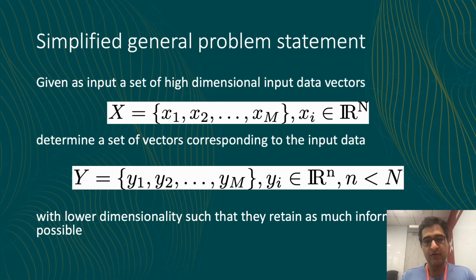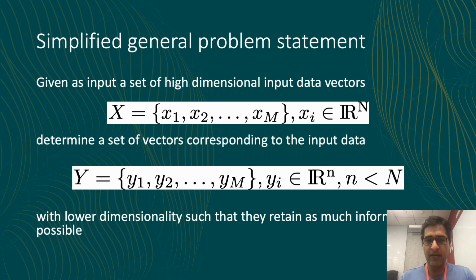If you think about it, the structure of the problem is the following: you have been given as input high-dimensional data vectors, let's denote them by X. These are in very high dimension, capital N, let's say.